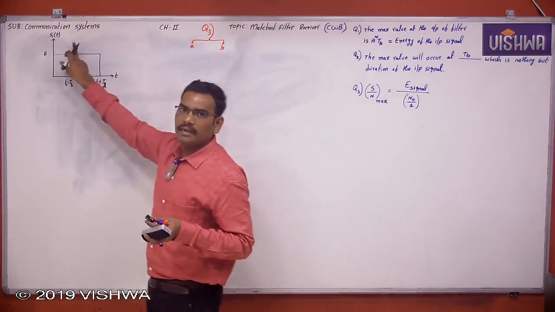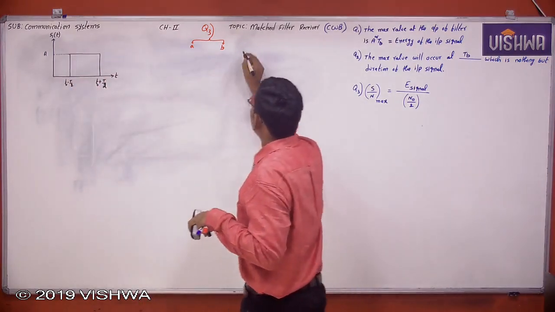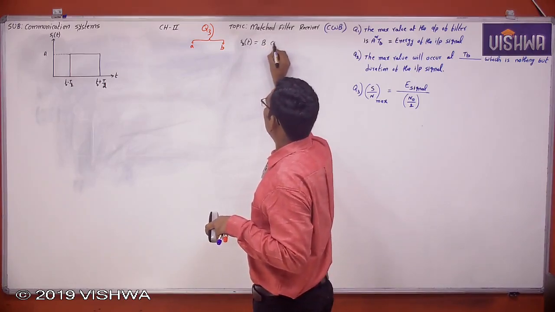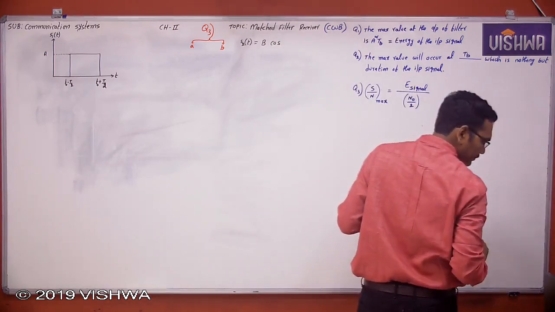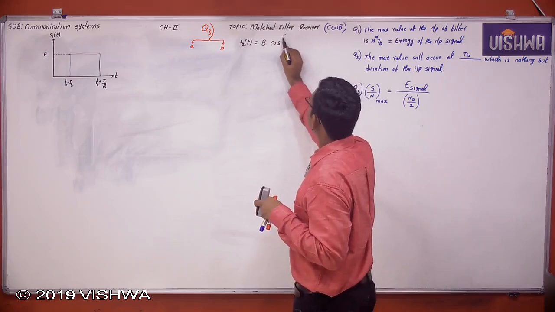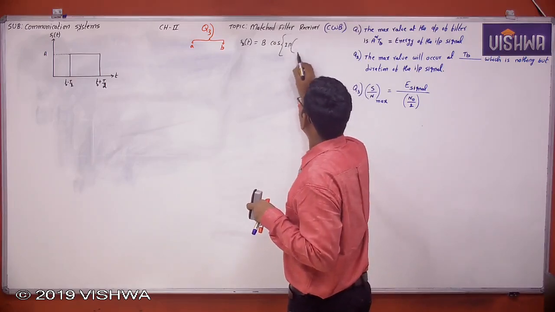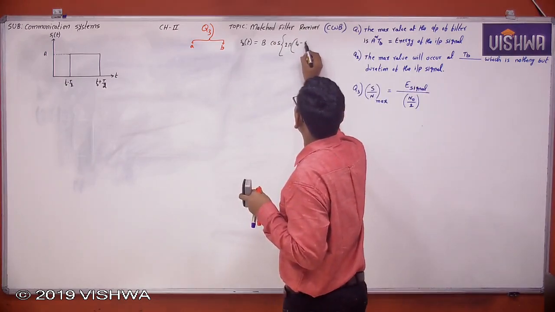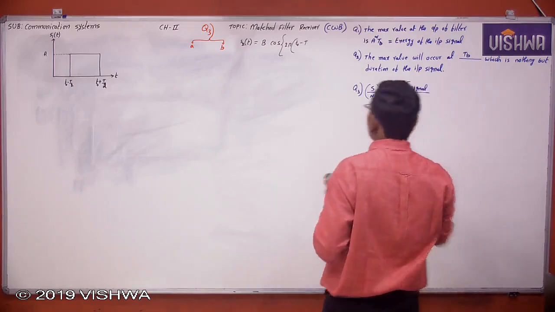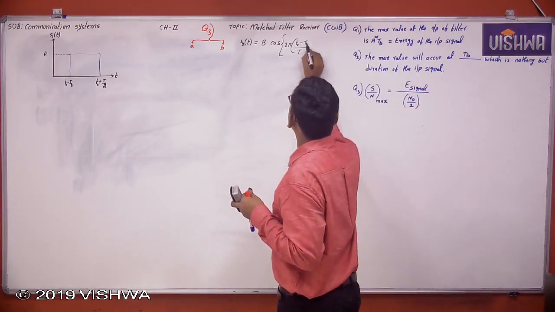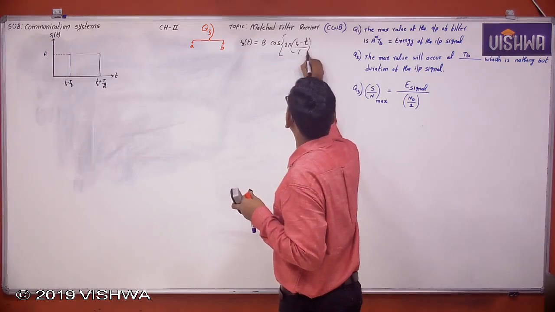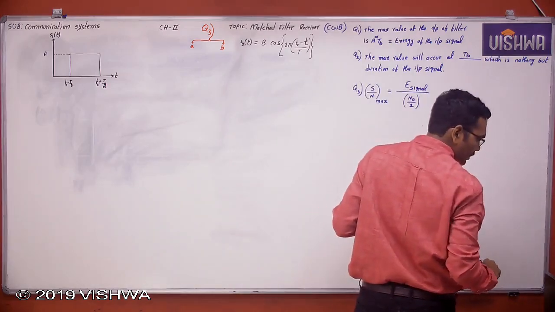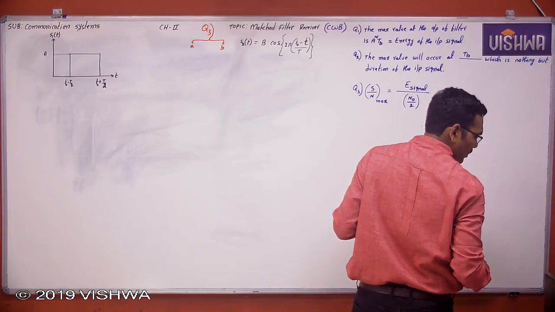Now this is the signal which is applied to the first matched filter, and this is the signal which is applied to the second matched filter, which is nothing but B cos 2 pi into T naught minus small t by capital T.